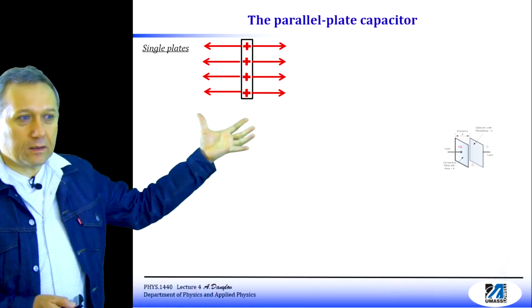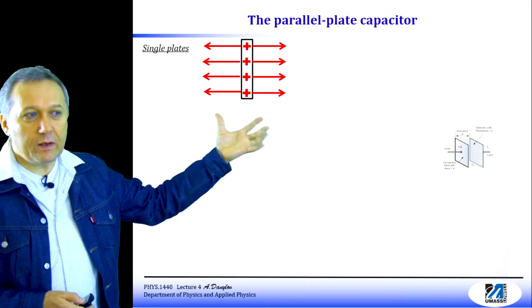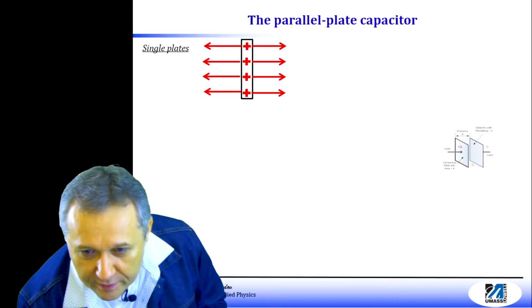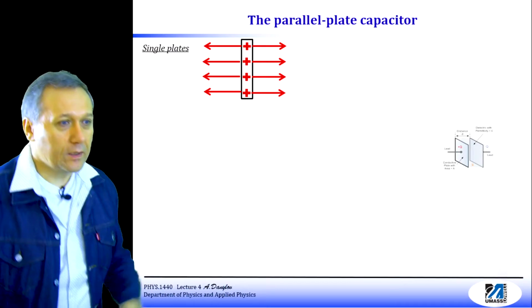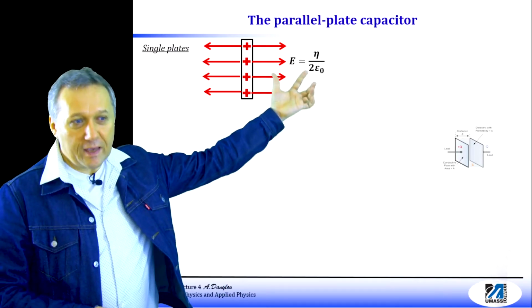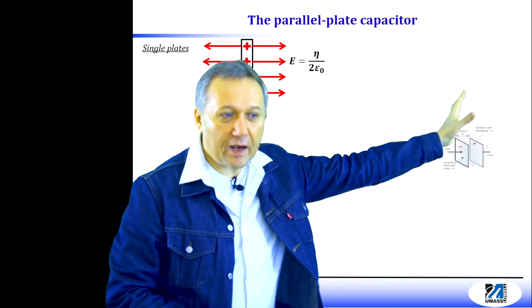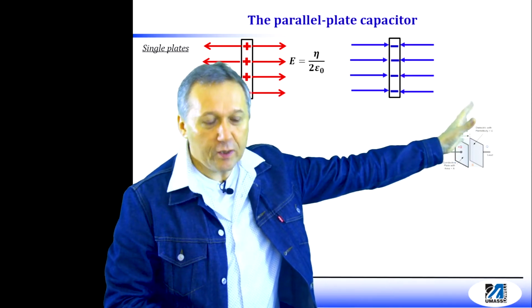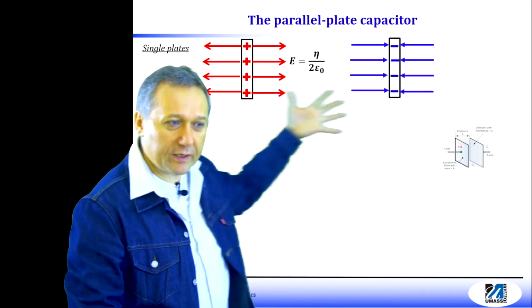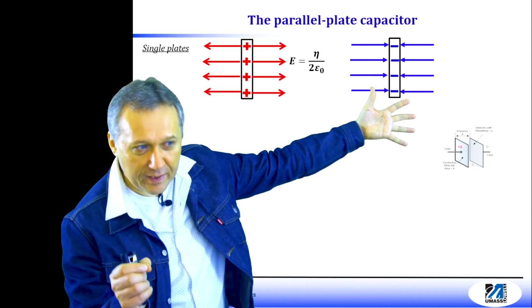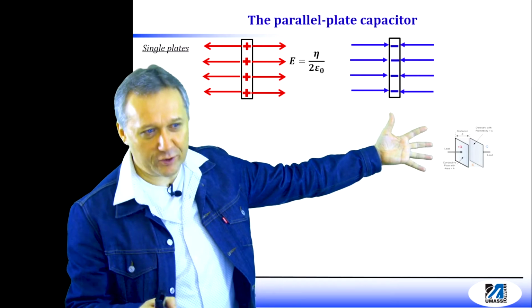So that's the situation if we have a single plate. Let me bring the slides back forward. The expression is eta over 2 epsilon naught. If we have a negatively charged surface, again an isolated, negatively charged plate, we will get this picture. You see now the electric field lines are towards the plate, because electric field lines end on negative charges.